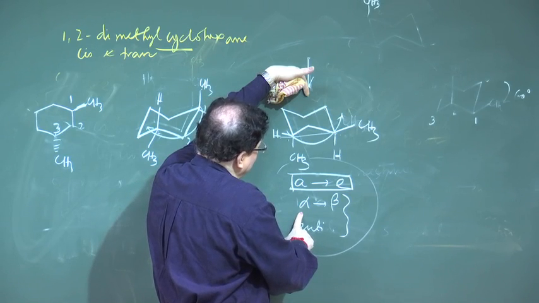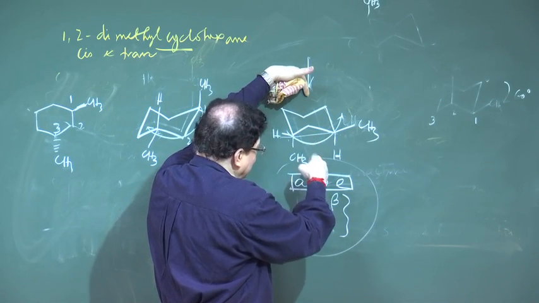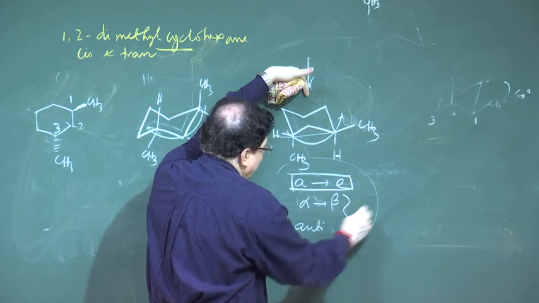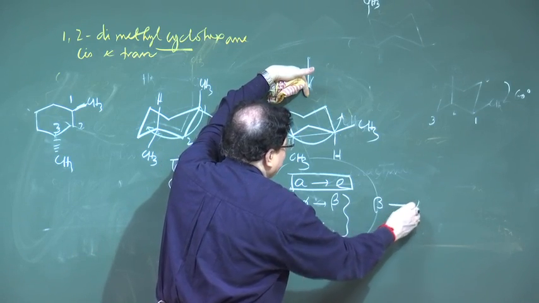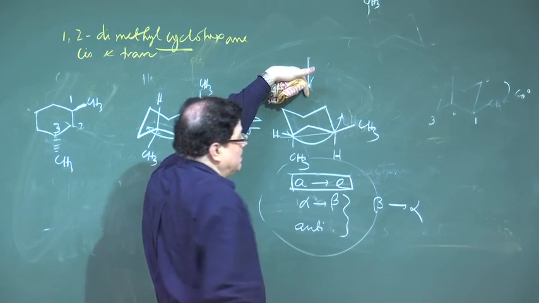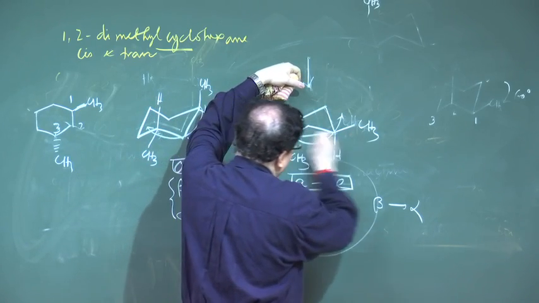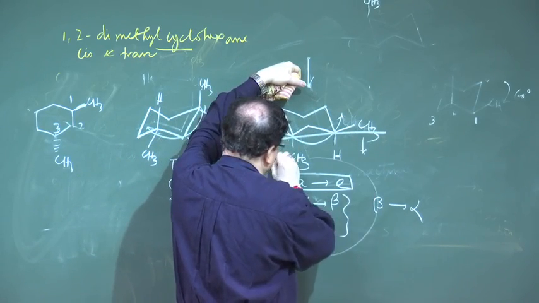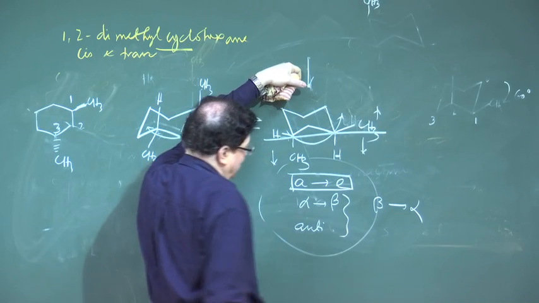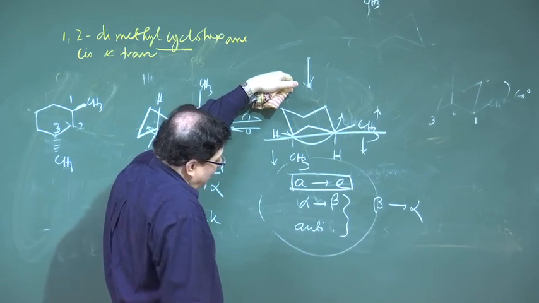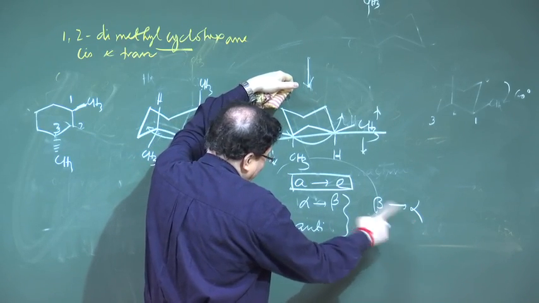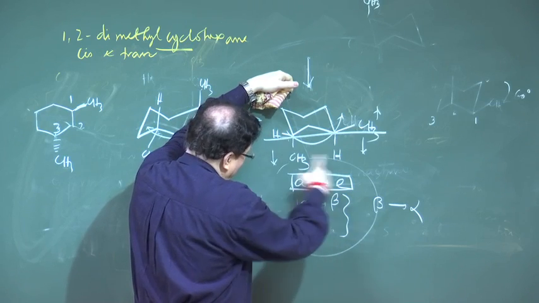Now the alpha becomes beta according to the new convention, and this becomes alpha, because my reference is now just the reverse. Down groups are beta, up groups are alpha. So beta becomes alpha, alpha becomes beta, and the direction was earlier anti-clockwise.